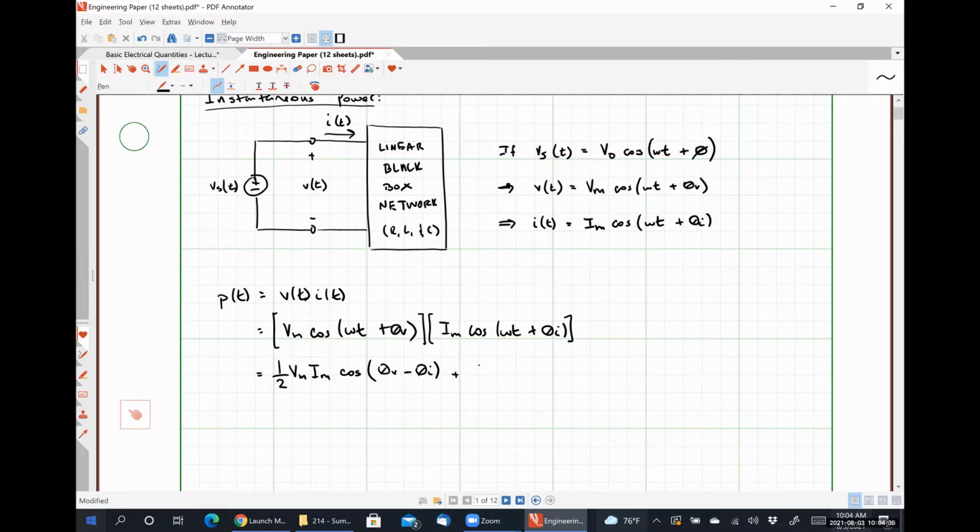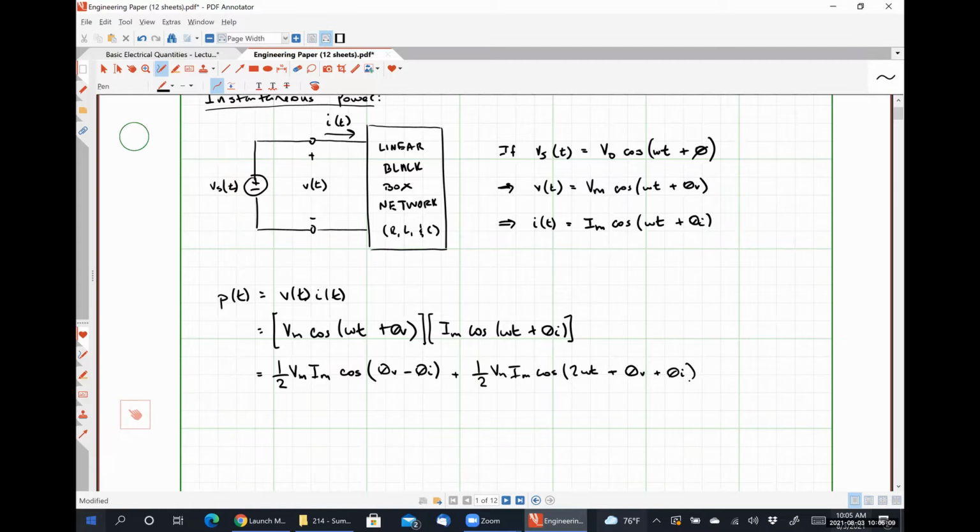And then I will have a 1/2 Vm Im cosine twice omega t plus theta v plus theta I. So this is our expression for the instantaneous power that is being absorbed by this linear black box network.